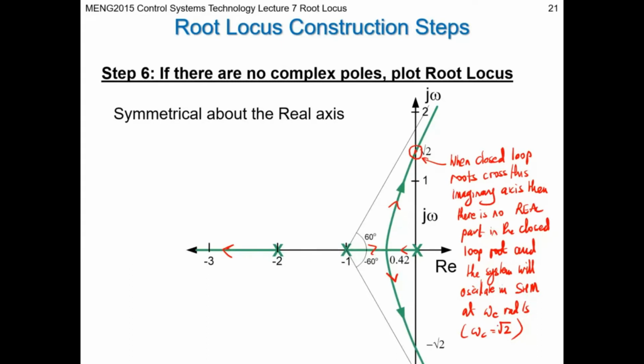In fact, it technically equals plus or minus root 2 because you have one value here and the other asymptote crosses at minus root 2.